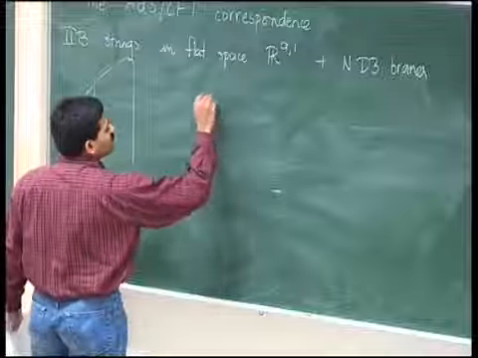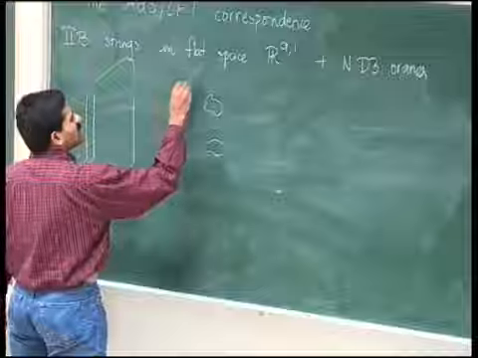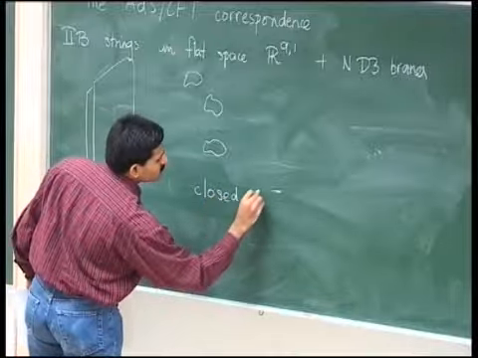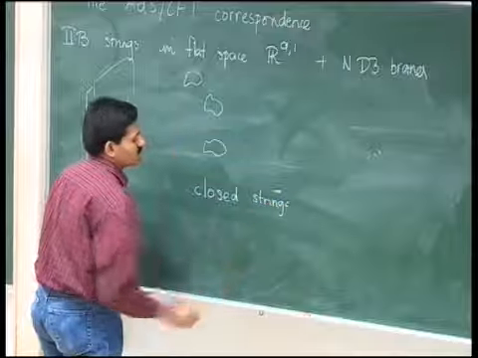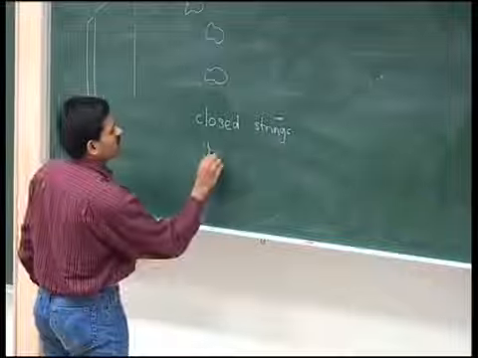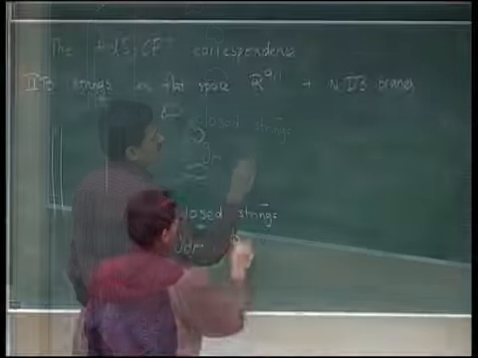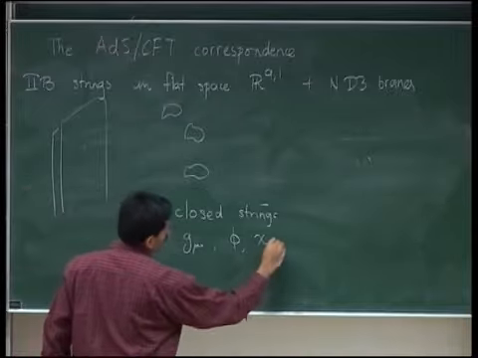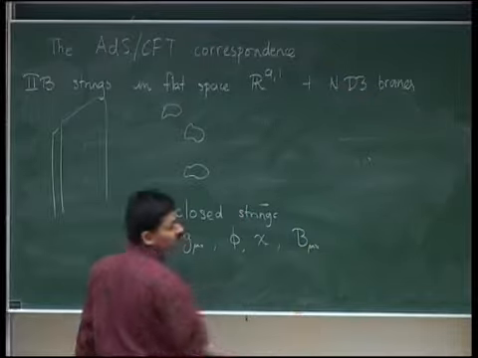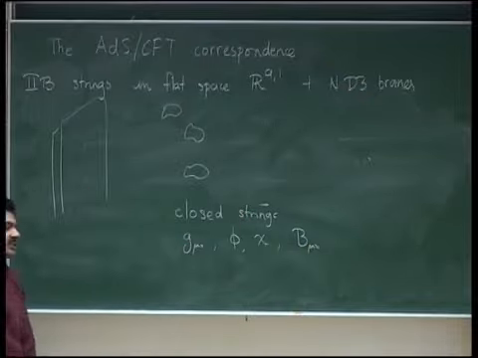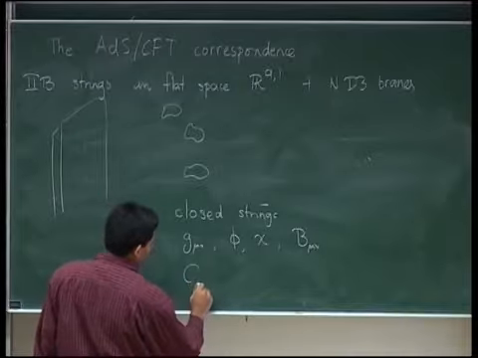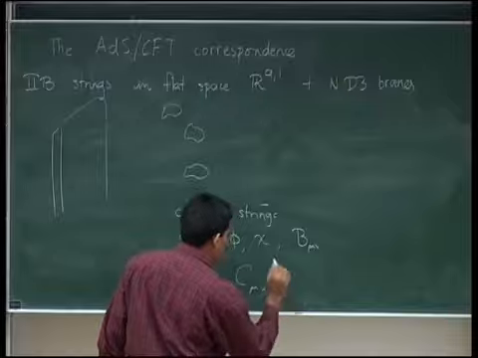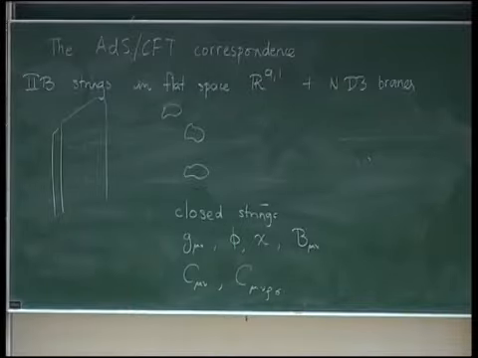There are closed strings which live in the ambient 10 dimensions, and the closed string spectrum includes gravitons, the dilaton, the axionic field of type IIB, the two-form potential coming from the Neveu-Schwarz sector, and then in the Ramond sector I have a two-form and a four-form, and the four-form has a self-dual field strength.